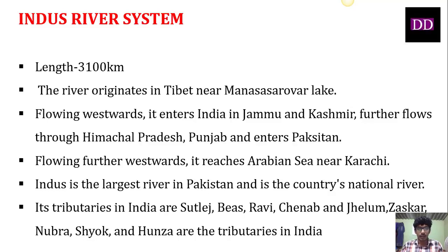The tributaries in India are Satluj, Beas, Ravi, Chenab, Jhelum, Zaskar, Nubra, Shyok and Hunza. These are all the tributaries which flow in India.